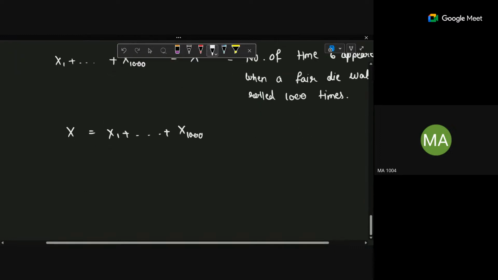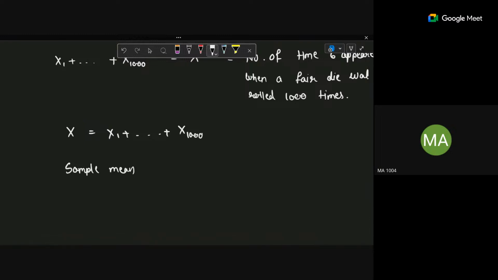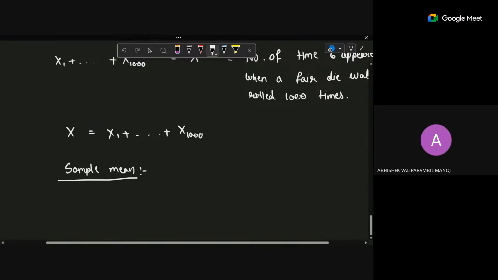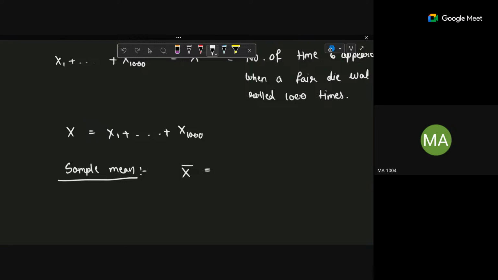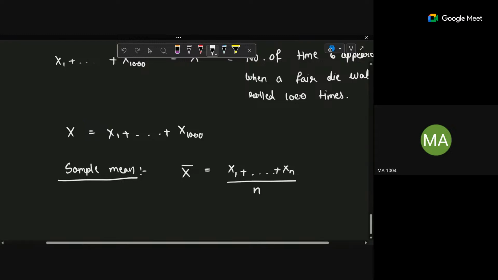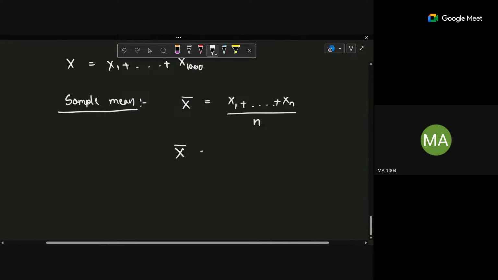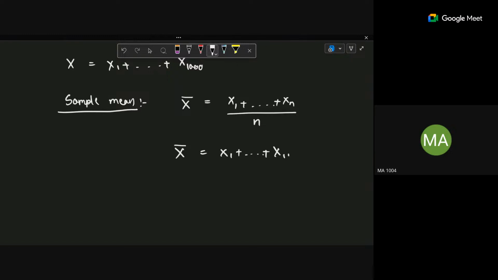So just recall the standard definition for sample mean. Mathematically, sample mean is x1 plus x2 till xn divided by n. So for this particular question, if I want to calculate x bar, that will be the sum of all 1000 random variables divided by 1000, right?